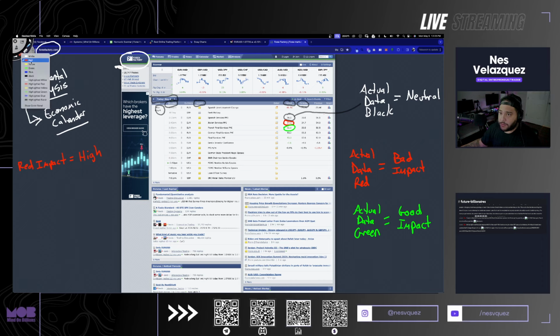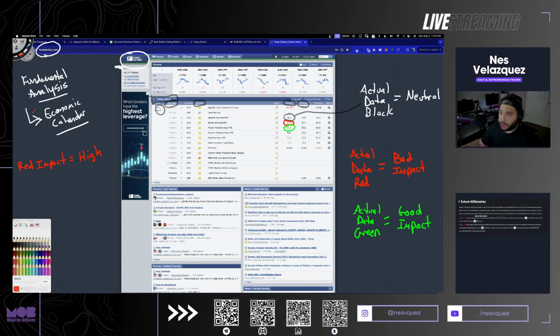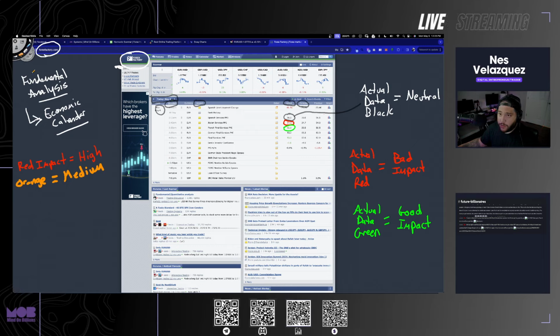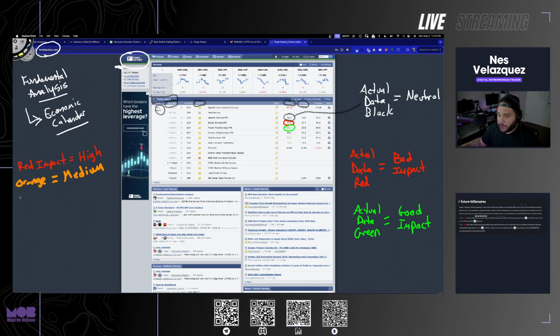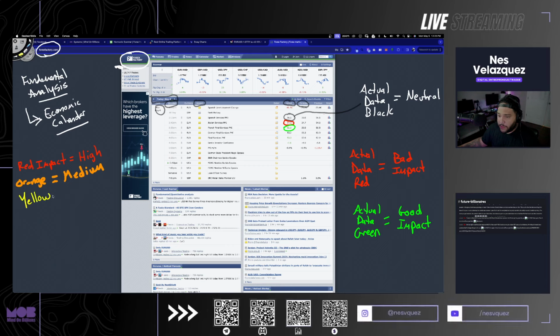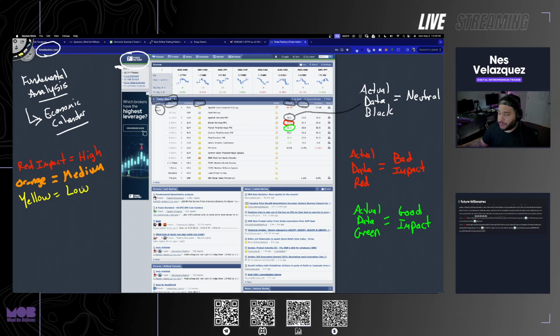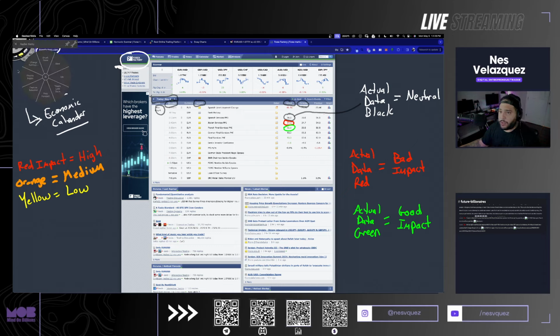Orange impact, this is a little thick. All right, orange impact is medium. And yellow is low impact.